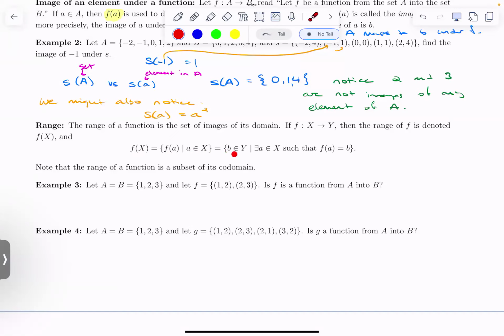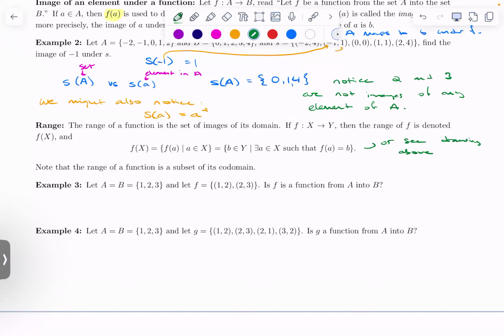But I'll say, see drawing above. As long as you understand the difference between the range and the codomain, I'm happy. So don't worry about that definition, but it's nice to be able to pick that apart, but let's not waste any energy on it.